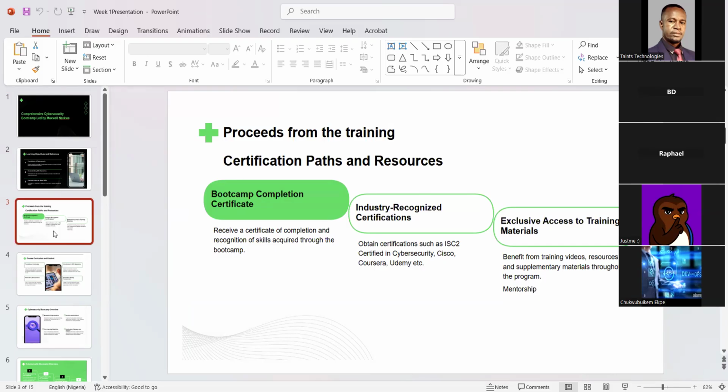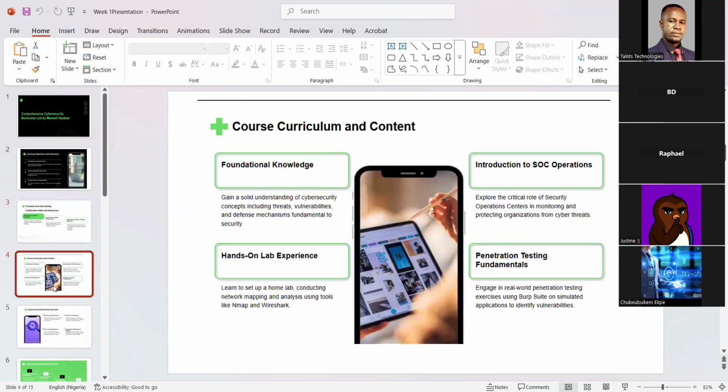Most importantly, what we are looking at from this training is the ISC2 certification called CC. We are going to register for it, and all of us are going to study from that material and be well prepared to pass the exam.